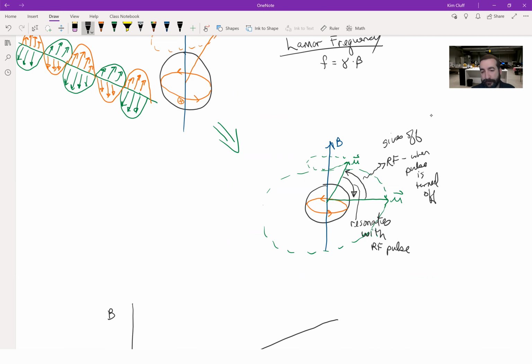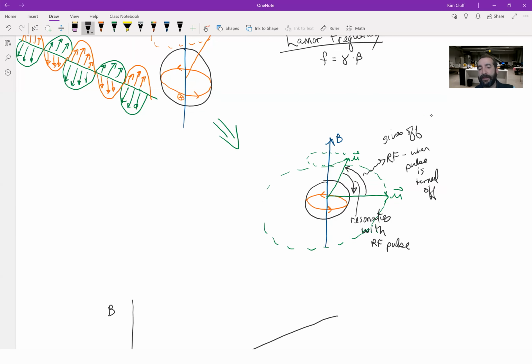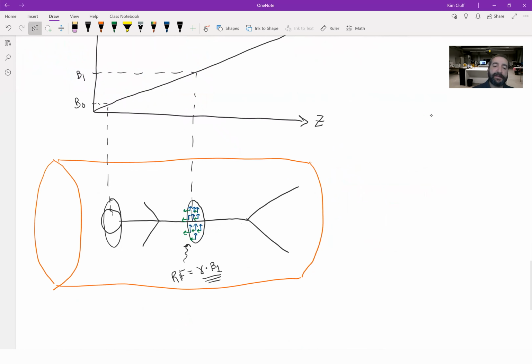Okay? So again, when it resonates, it absorbs that energy. And then you turn off the pulse, and it wants to spring back to aligning with the external magnetic field and precess about it. When it does that, it has to release the energy that it gained when it was resonating. And when it does that, it will release an RF signature, okay, which is picked up by an antenna.